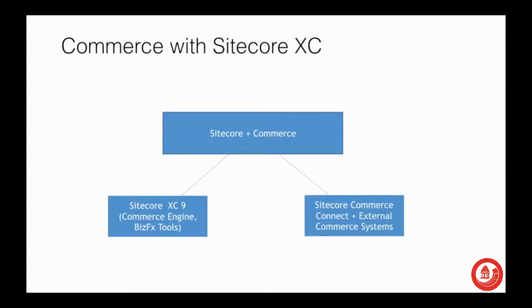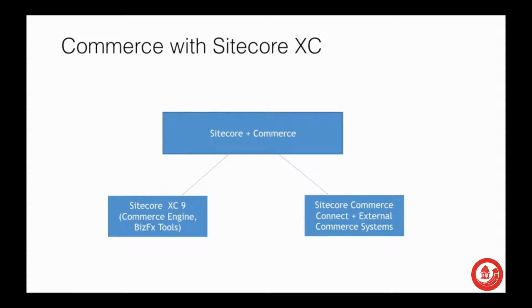So coming back to Sitecore Experience Commerce, if you have decided to go with Sitecore Commerce, there are two options. One is using Sitecore Experience Commerce 9, that is whatever is called the Commerce Engine, along with the business tools, the BizFX tools that Sitecore calls it.